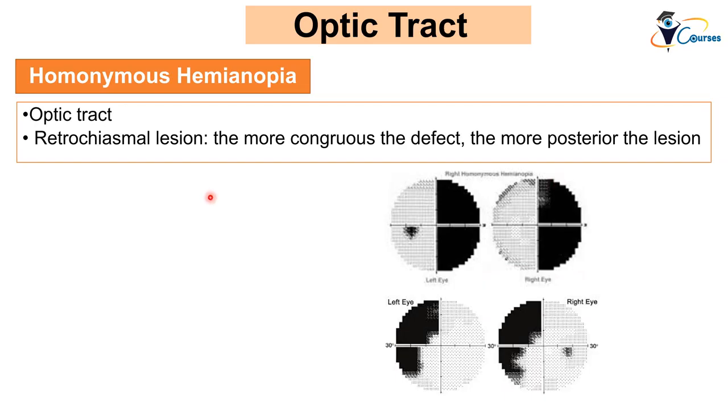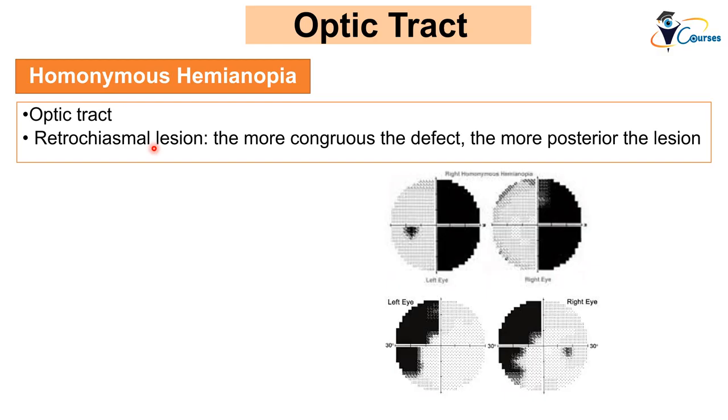So here we have a term called congruity. Congruity means that when the lesion is retrochiasmal, like a tumor or any mass or lesion involving the optic tract, visual radiation or the occipital cortex, we have a clue about the anatomical location of this lesion.